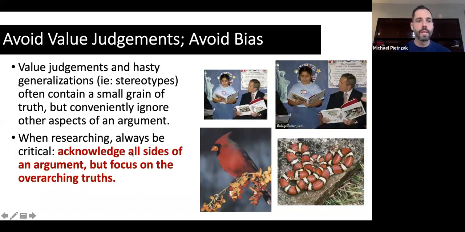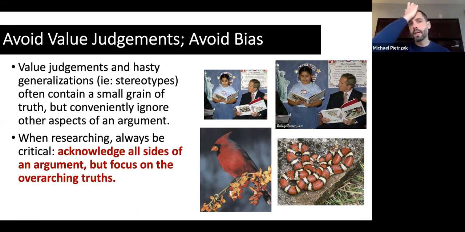Okay, last thing I'll say is avoid value judgments and avoid bias, right? Value judgments are really just judgments about the value of something. They're hasty generalizations. Stereotypes fit into this category. They often contain a small grain of truth, but ignore the larger picture.